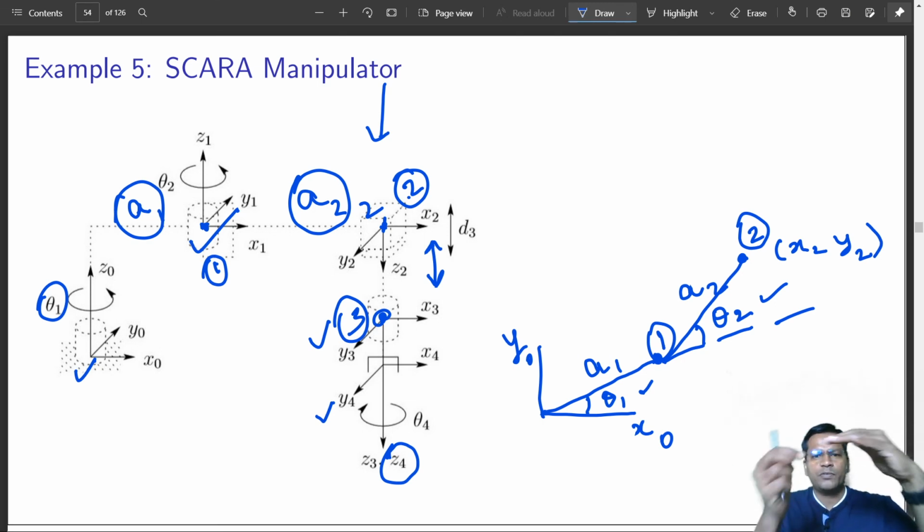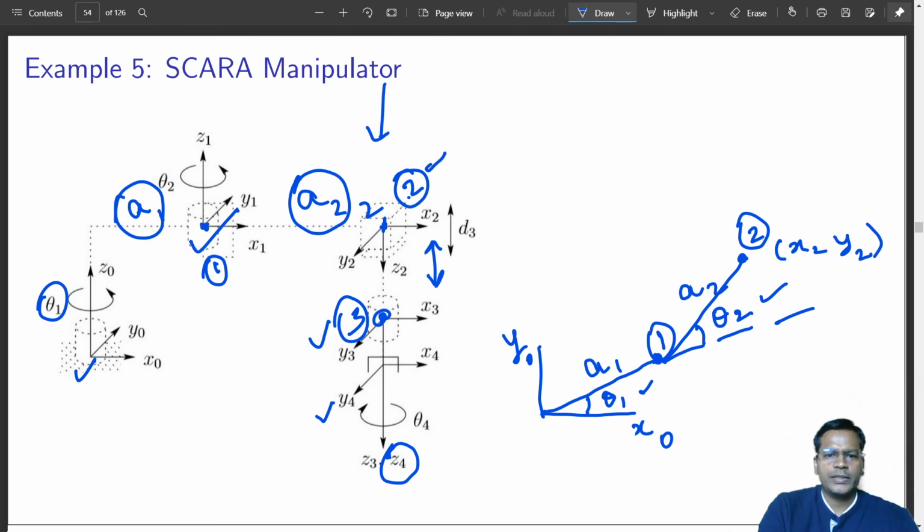If you have this one as point 2, then exactly below that, looking from the top, you will see point 3. So the xy coordinates of point 2, point 3 and point 4 will all be the same. The only thing that is going to change is the z of this point with respect to point 2.